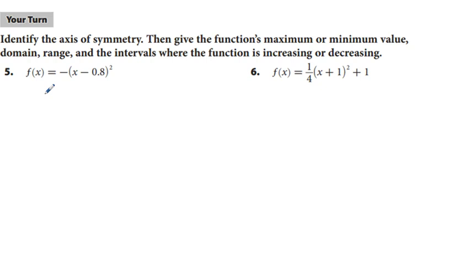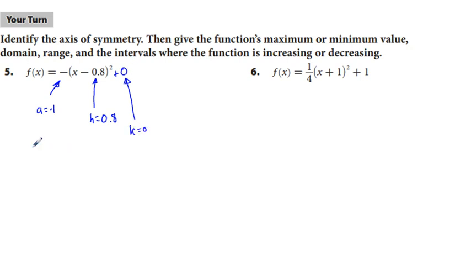Well, let's identify a. a is equal to negative 1. h is equal to 0.8. And k is equal to, well, we don't see anything, so k is equal to 0.